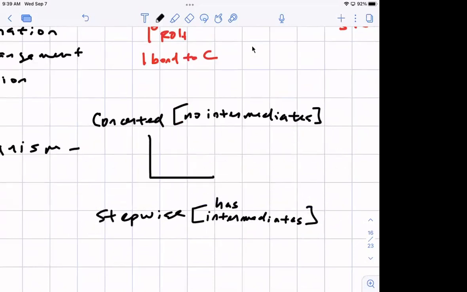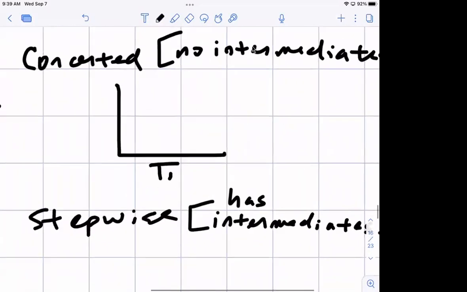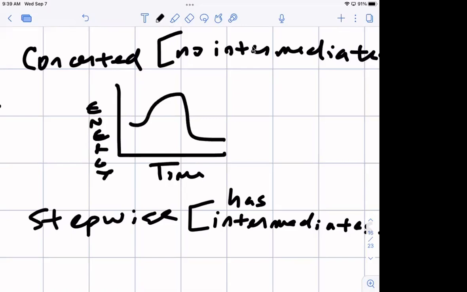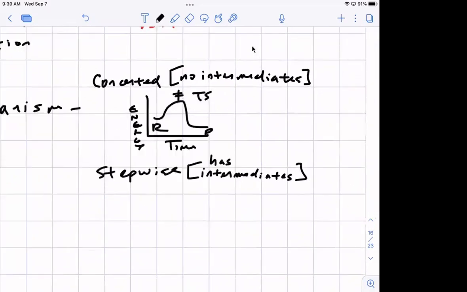So if you have an energy diagram here, where this is time and this is energy, this is reactants, products, and a transition state. That's concerted.